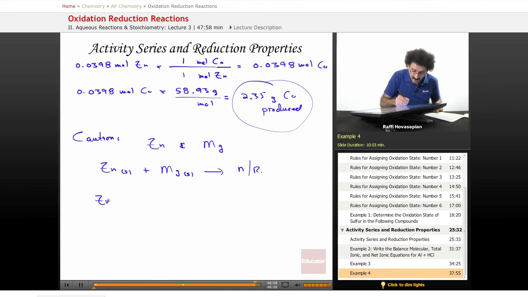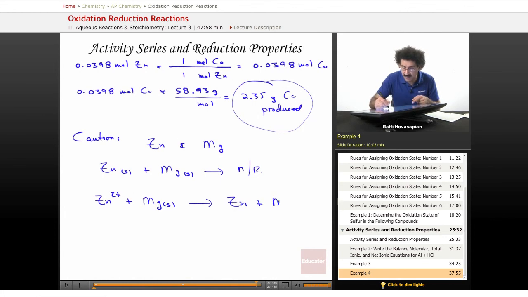However, if I do zinc ion plus magnesium metal, now zinc is missing electrons, magnesium has electrons to give. Here, because zinc has a higher reduction potential, it's lower on the activity series, it will actually take the electrons that magnesium has to give. It becomes zinc metal plus magnesium ion.